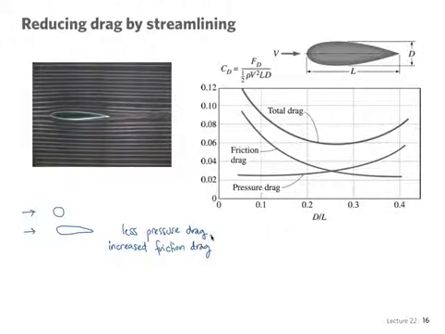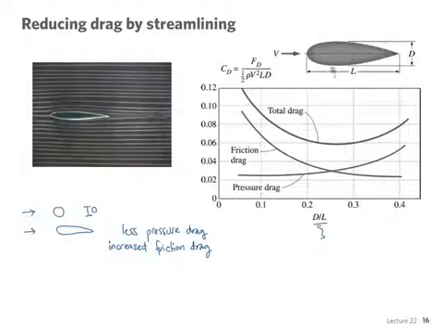And so the concept of streamlining requires one to look for an optimum situation. This is the relationship between the cross-sectional distance, the diameter, if you will, if it was a cylinder, and if you think about this as a projected area, it will be per unit length in the direction perpendicular to the paper. So we're looking at just the cross-section.